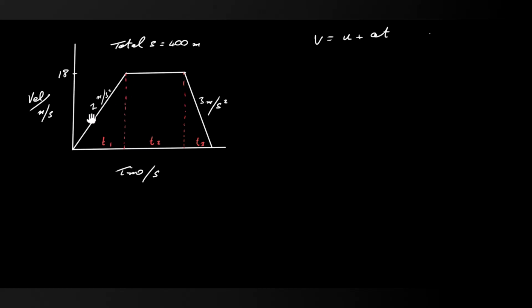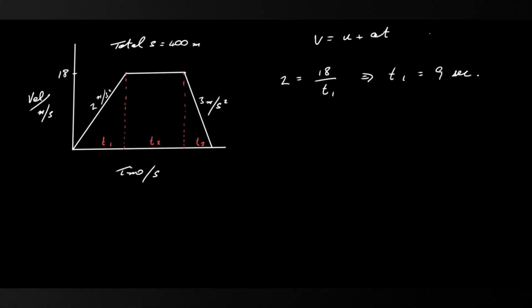So in other words, the slope of this line here is going to be this distance here, which is 18, divided by the run here, which is t1. So we can write that 2 is equal to 18 over t1, or we can just say then that t1 is equal to 18 over 2, or just 9 seconds. So we've worked out the time here, it's just 9 seconds.